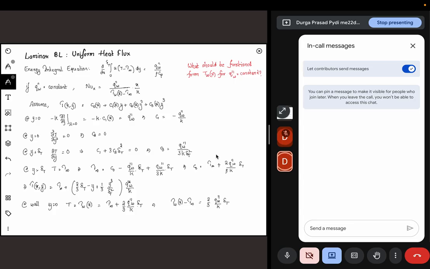I think this is also there in one of your assignment problems, and we discussed this in the Pohlhausen solution as well.